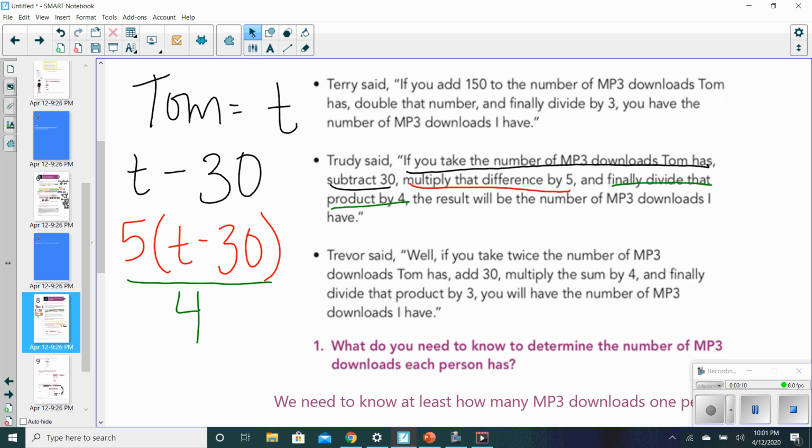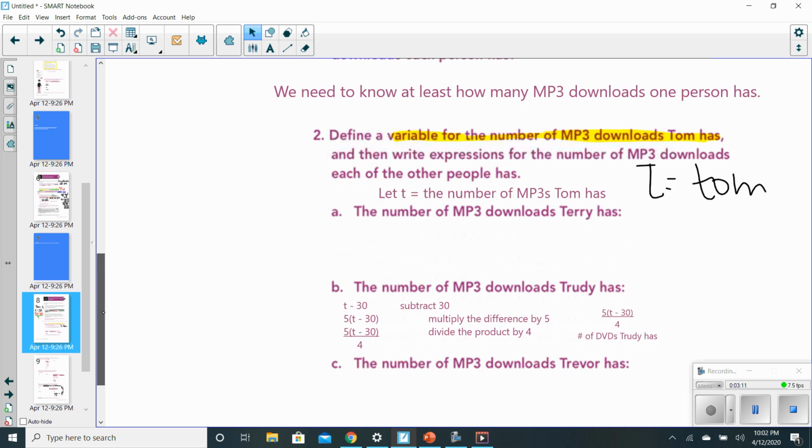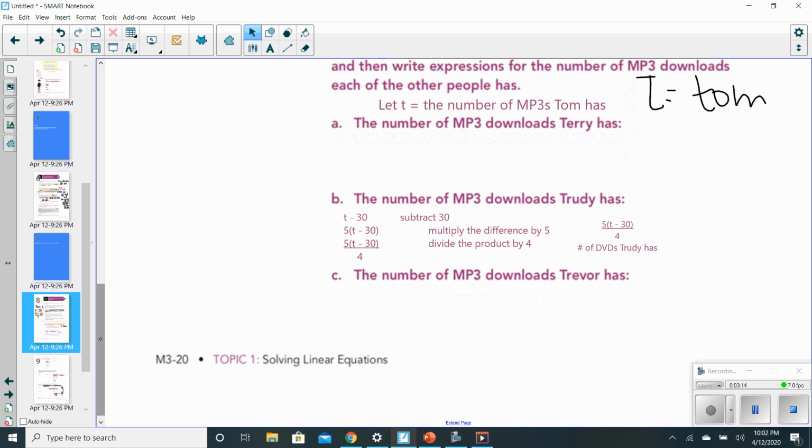So if we go back down here, you're going to see for B, we start by saying that Tom is T, and that was step 1, and we subtracted 30. Then we multiplied the difference by 5, and then we divided the product by 4. So your answer here is 5, and then in parentheses, T minus 30, all divided by 4.